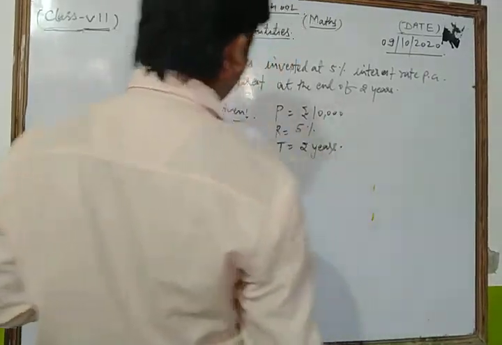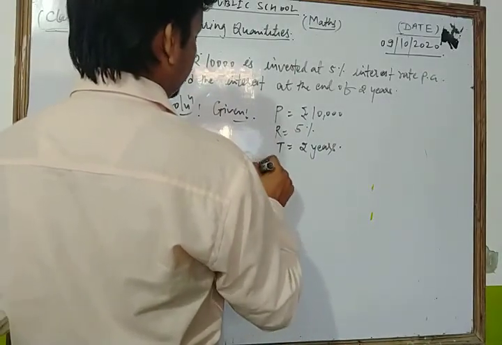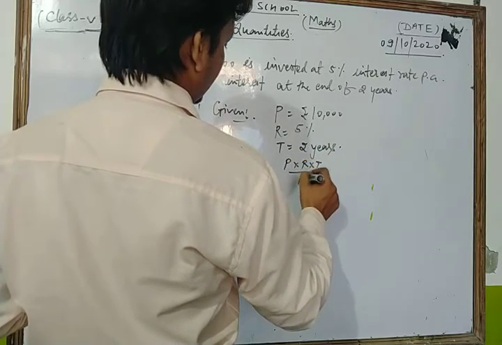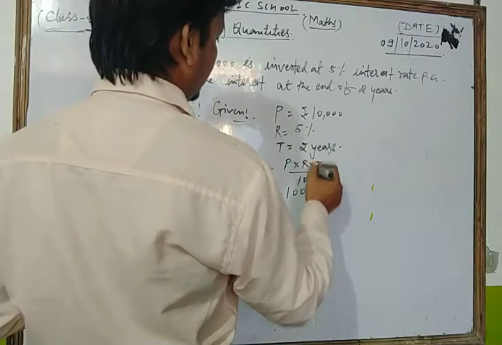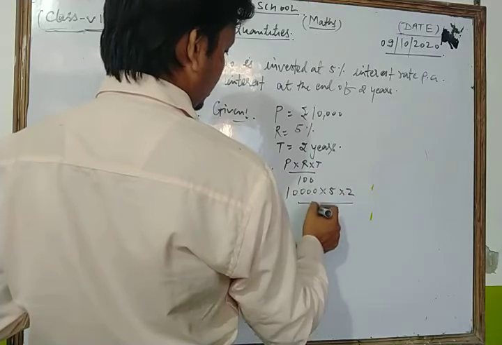Now since we know that simple interest is equal to P into R into T upon 100, we put the values: 10,000 into rate 5 into time 2 upon 100.